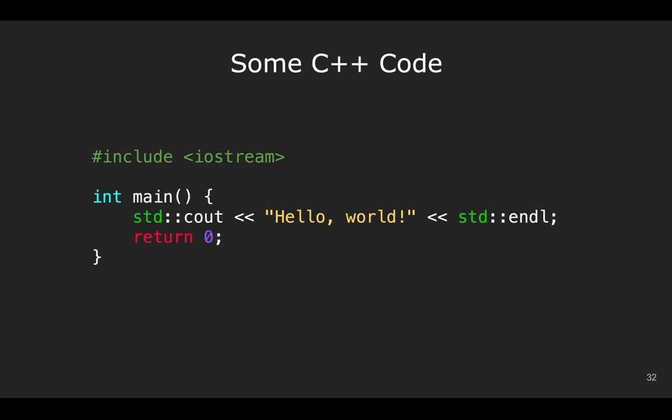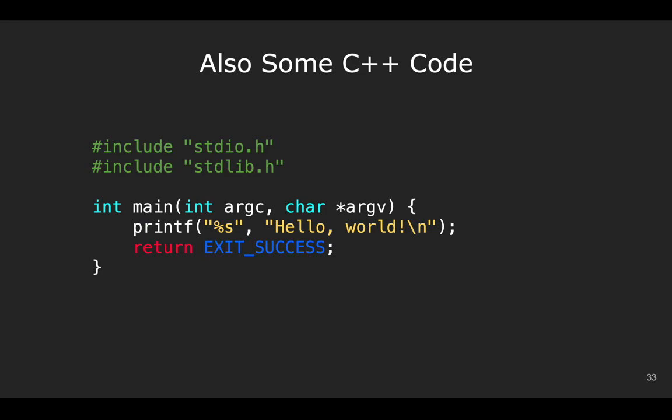For example, this is the standard way that we would write hello world in C++. It turns out that this is also a standard way to write hello world in C++. Although I sort of lied, it's not necessarily standard, because if any C++ programmer saw this, they would be like, what the heck are you doing? It turns out that this is the standard way to write hello world in a language called C, which we'll get into really soon.